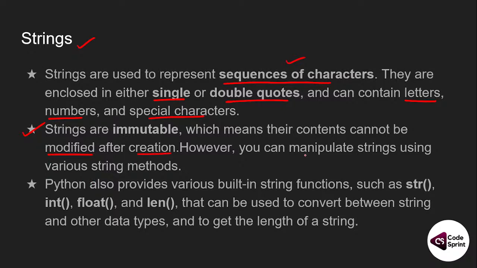Yes, but we can manipulate them by using some methods, like int, float, len, str. These are built-in functions which can be used on strings, and for the conversion of the string into other data types as well.